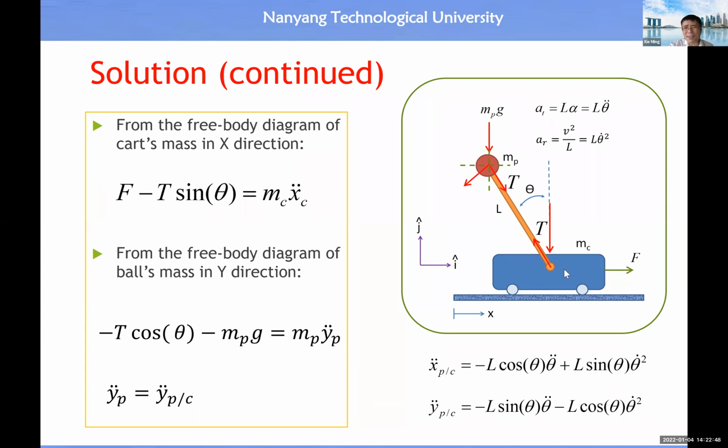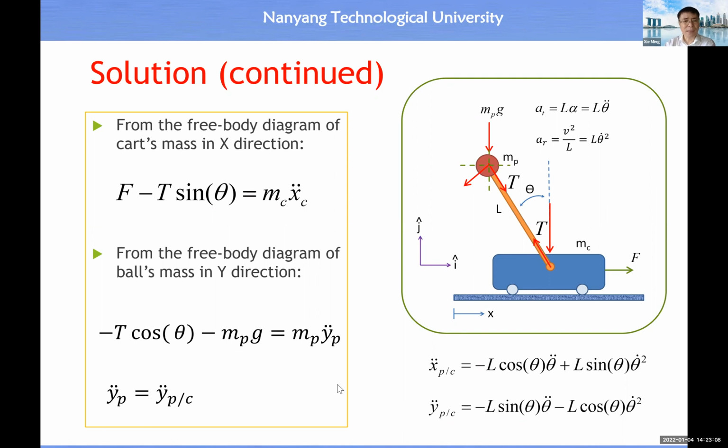And since the mobile base does not have acceleration in the y direction, the acceleration component in the y direction is equal to the relative acceleration between the ball and the mobile base. So these two are equal, all right?